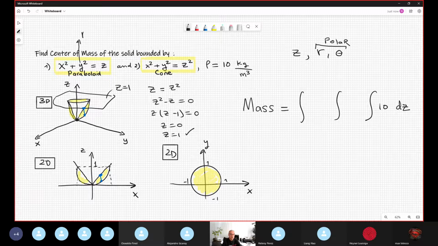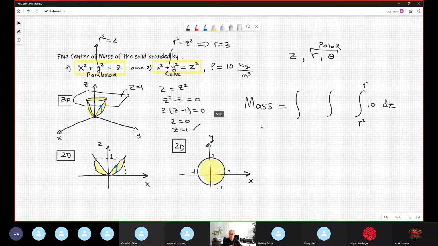This is R squared equals Z. And this is R squared equals Z squared, que es equivalent to say R equals Z. So I go from the paraboloid, que is R squared, to the cone, que is R. Make sense?